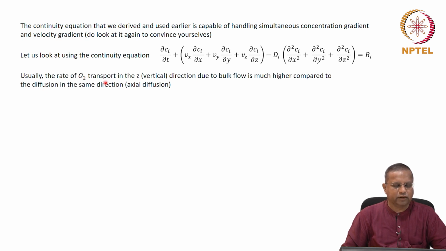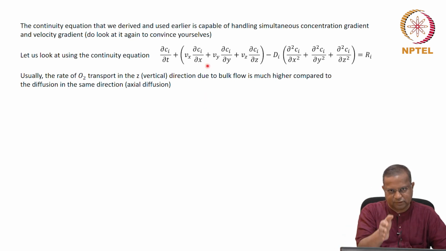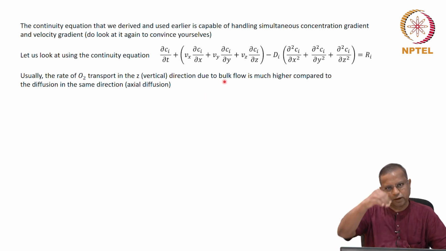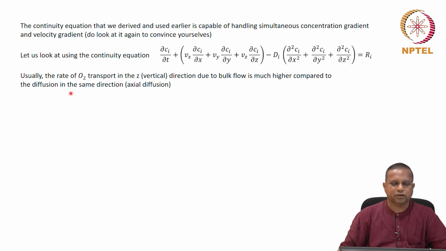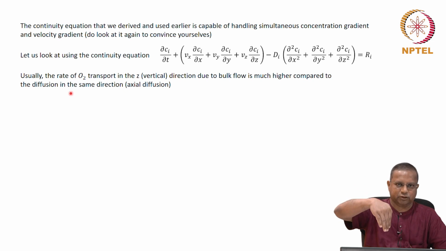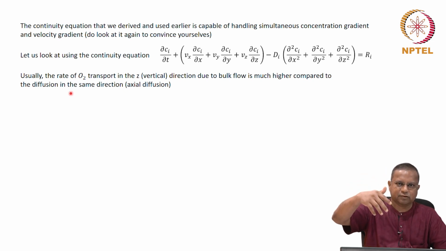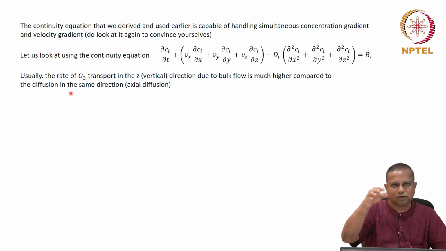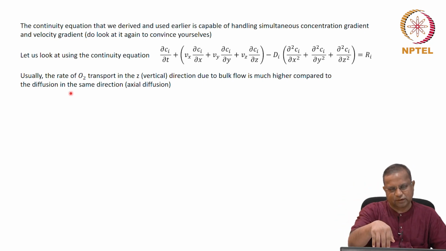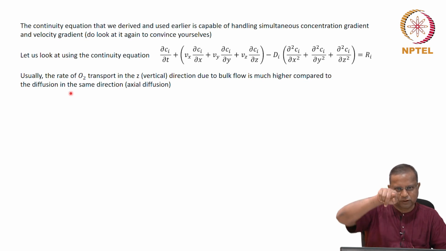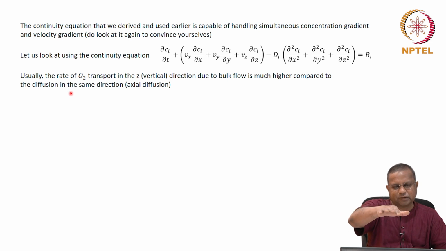And usually the rate of oxygen transport in the vertical direction, this is z direction, due to bulk flow, there's a Vz, right, due to bulk flow, is much higher compared to the diffusion in the same direction. Okay, diffusive flux is again a vector, so it can occur in the x direction, y direction, and the z direction. So hold on, this is x cross y, so y is going into the screen here.